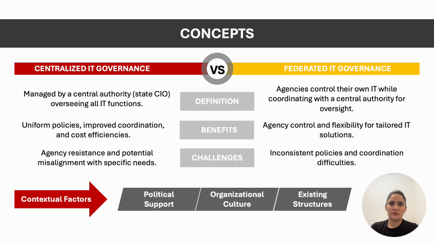The benefits include having uniform policies, better coordination across agencies, and saving costs by managing IT on a large scale. The challenge is that individual agencies might resist as they lose some control over their own IT decisions.